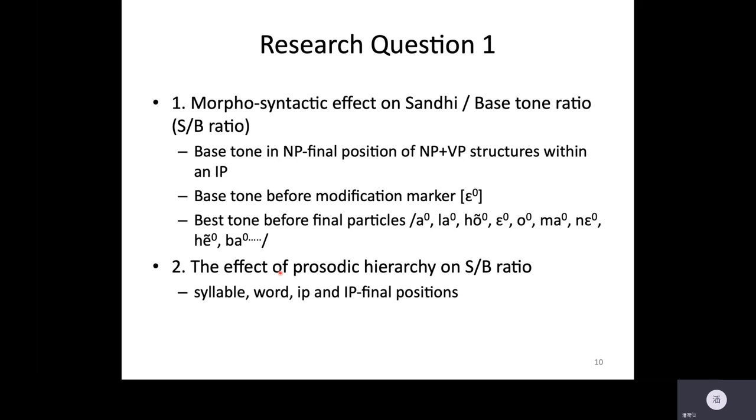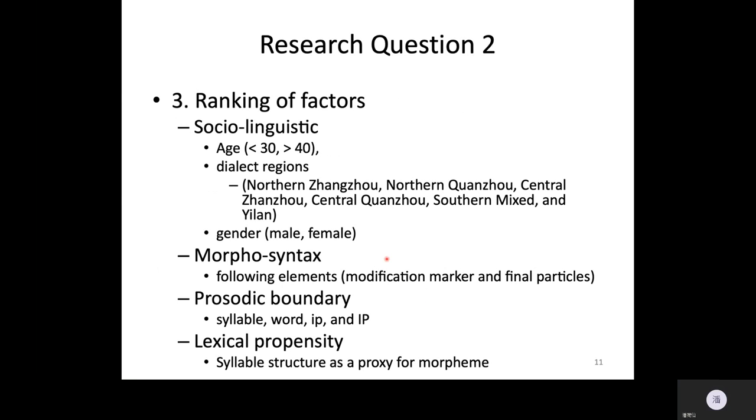To explore the prosodic effects on Sandhi and bass tone alternation, the study compares the number of Sandhi and bass tones in syllable, word, intermediate phrase, and intonation phrase final positions. We also use data-driven models to investigate the ranking of sociolinguistic factors, morpho-syntactic factors, and prosodic factors on Sandhi and bass tone alternation.